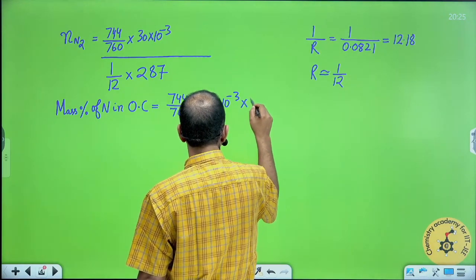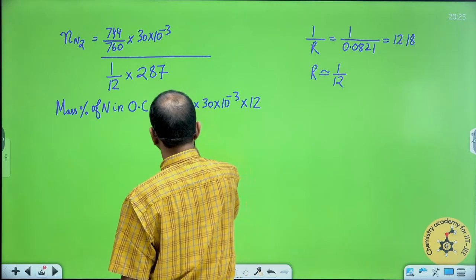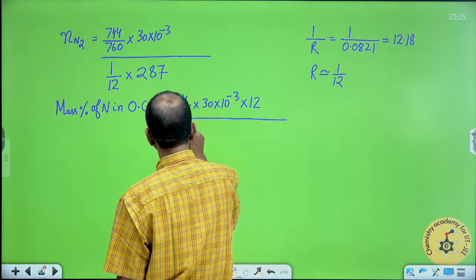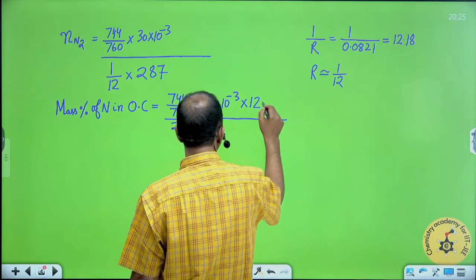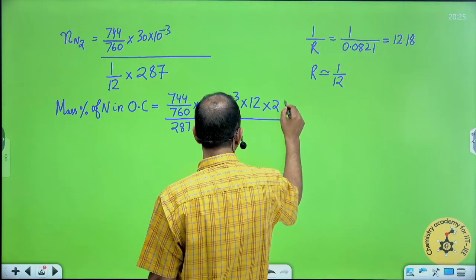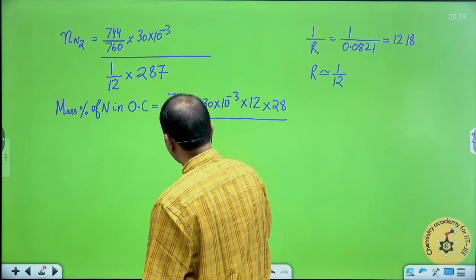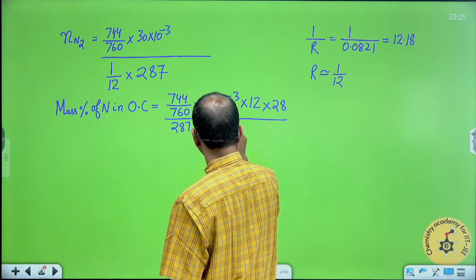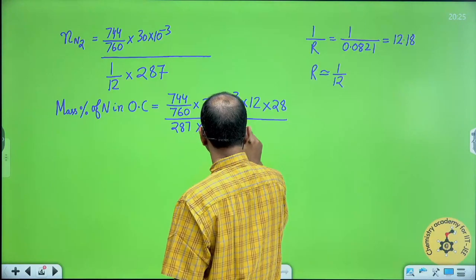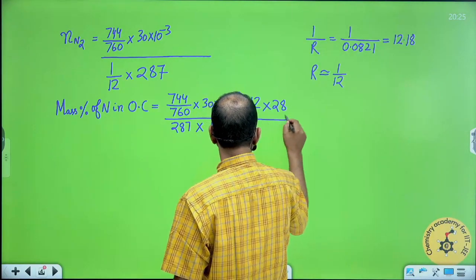This 12 will go in numerator divided by 287. This is the number of moles. If I multiply it by molar mass, this is the mass of nitrogen. And the mass of organic compound is 184 into 10 to the power minus 3 into 100.